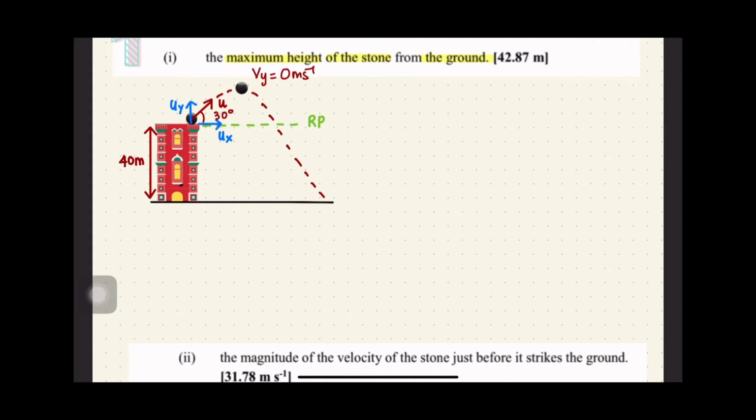Uy is 15, U pergi ke komponen Y, tak ada angle, is it? So Uy means that kita akan guna sin theta. Okay, 15 sin 30.